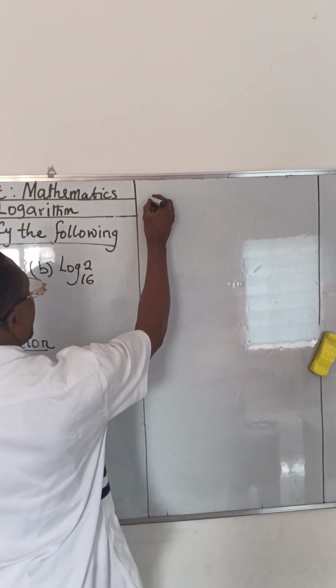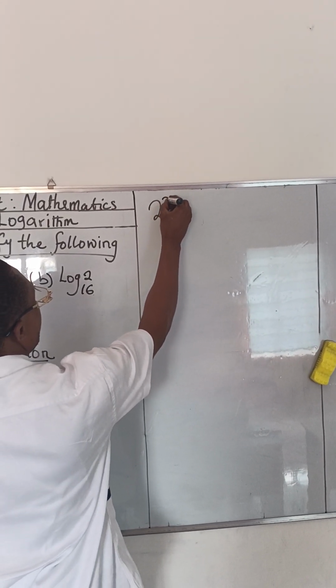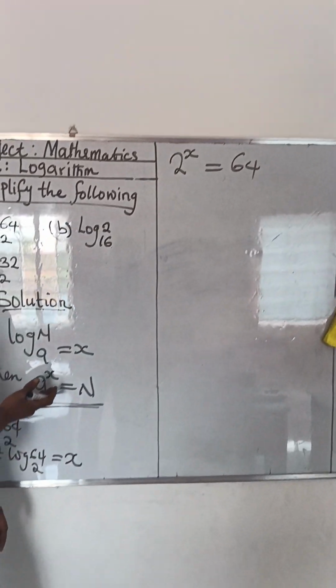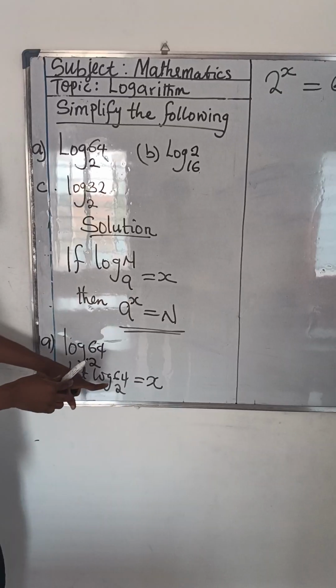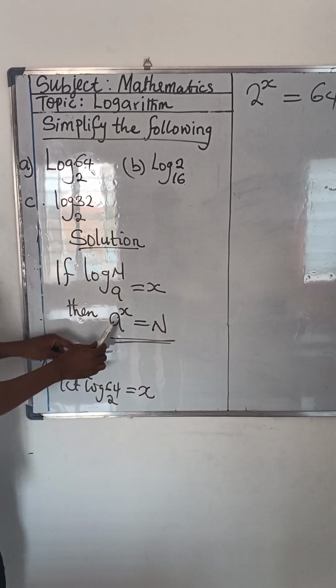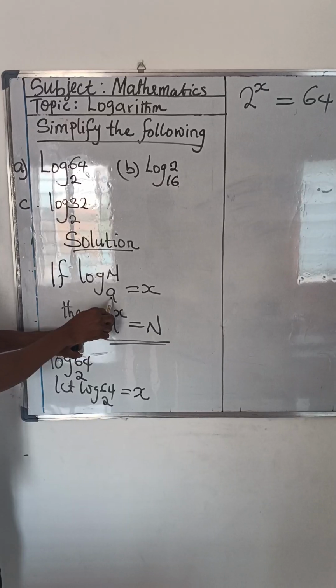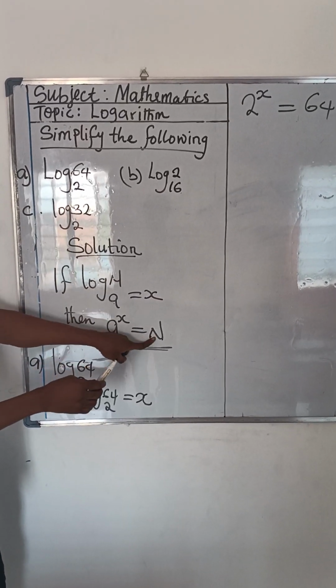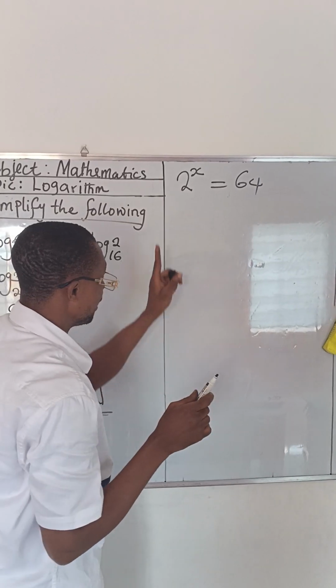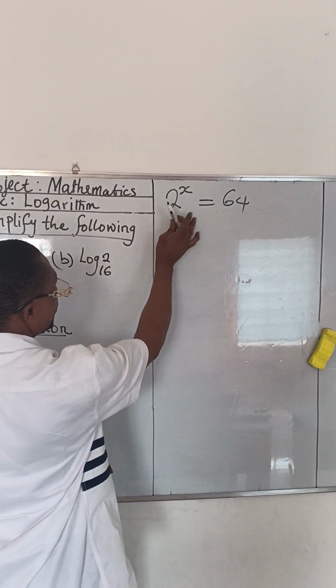Then what we have is 2 to the power of x equals 64. Look at it here. Assuming that this is 64 as n, a is base 2 here, this is x. That means the base 2 will be raised to this, and we have the number, which is 64, according to the definition.